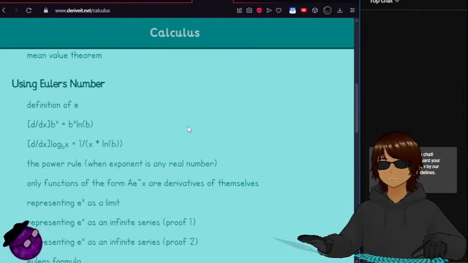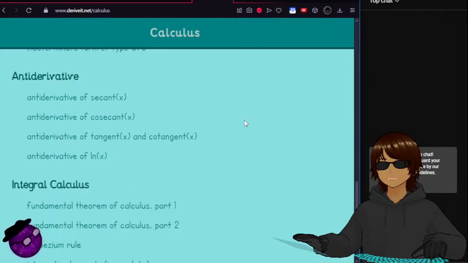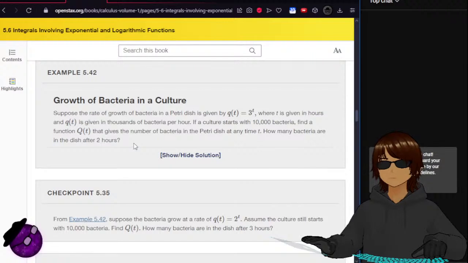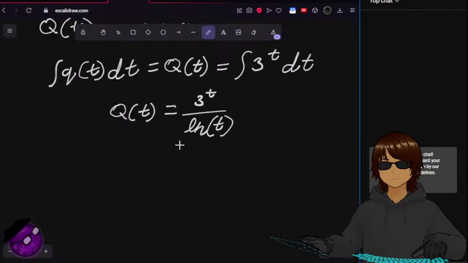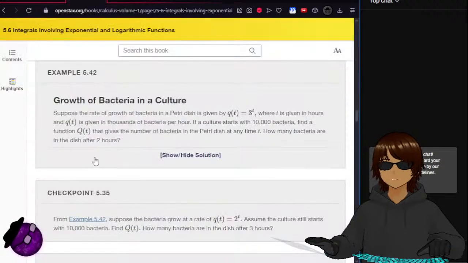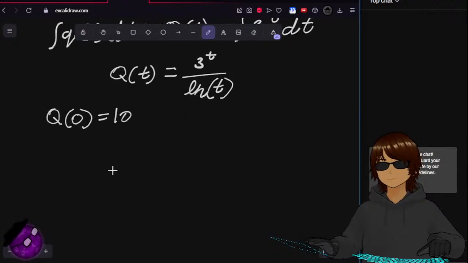No, that's the derivative. No. I need to write the antiderivative as well. So add C. At 0 it is 10,000 bacteria. But since the number is counted in thousands, I'll just write 10.